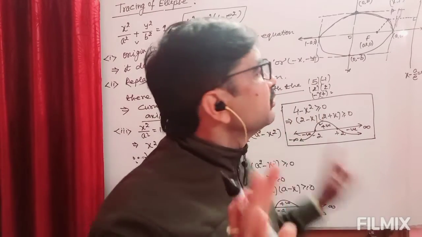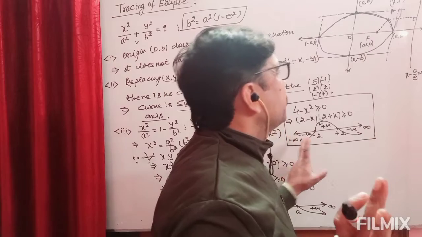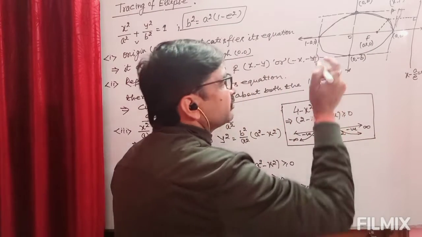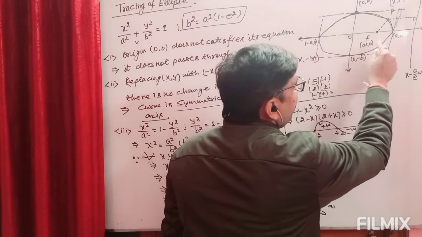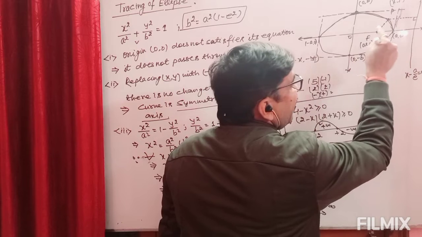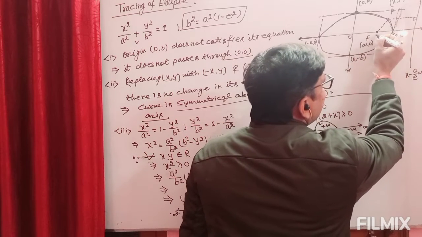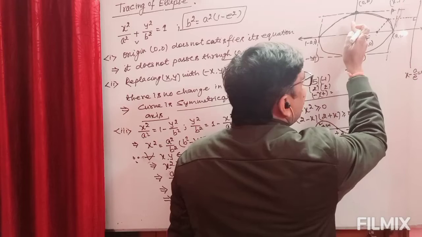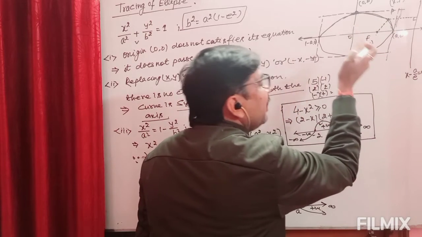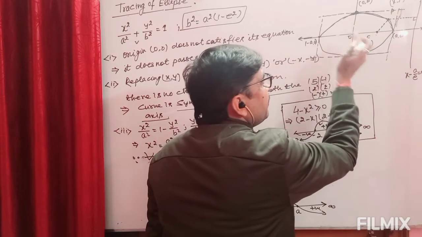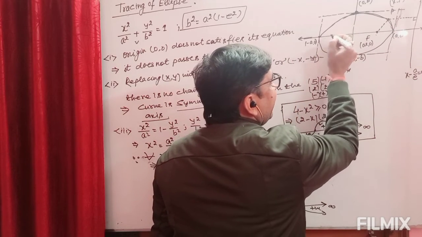That is the first point. And one more point is the curve is symmetrical about both the axes, and from the very beginning we have a point and a straight line on one side of the y-axis. So by symmetry, the same point will be generated on the left side also.